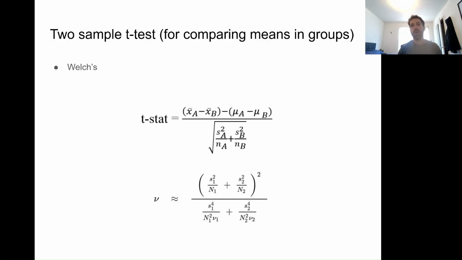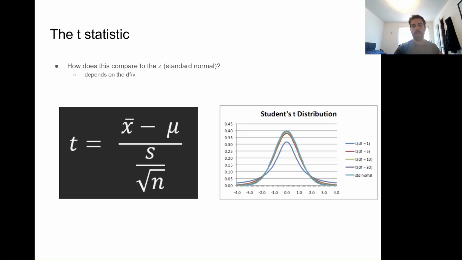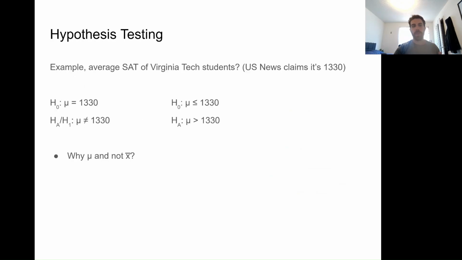So one example might be, do student athletes perform better on the SAT than those who are not athletes? And I bring that up just because it's related to our first question when we were talking about hypothesis testing.